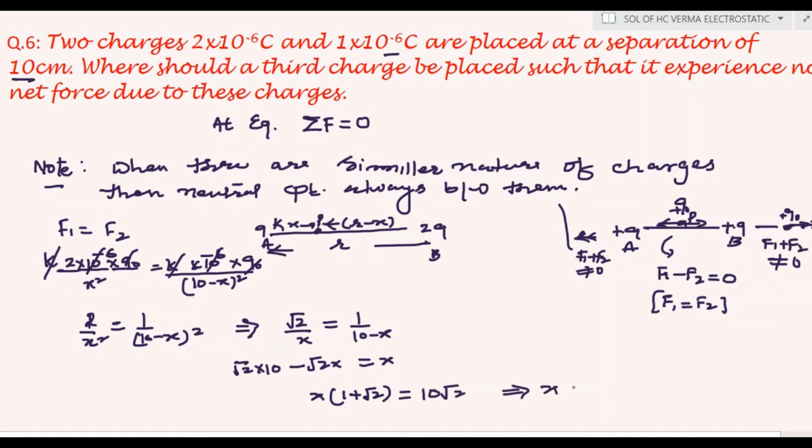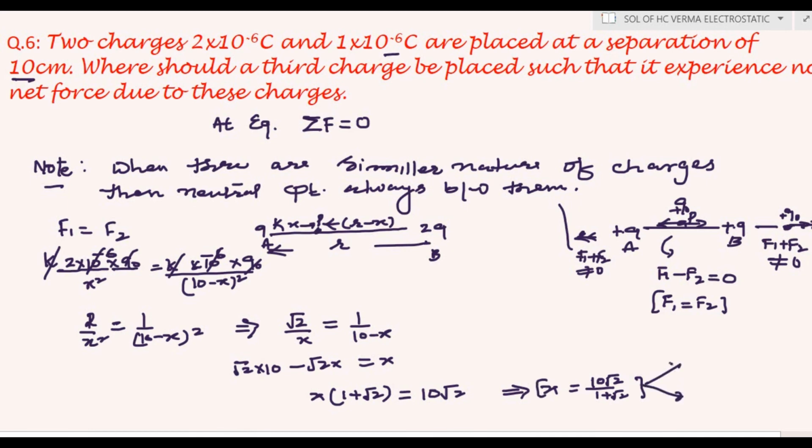You need to find out the value of X. X is equal to 10 root 2 whole divided by 1 plus root 2. You can rationalize it also, but this is the answer.